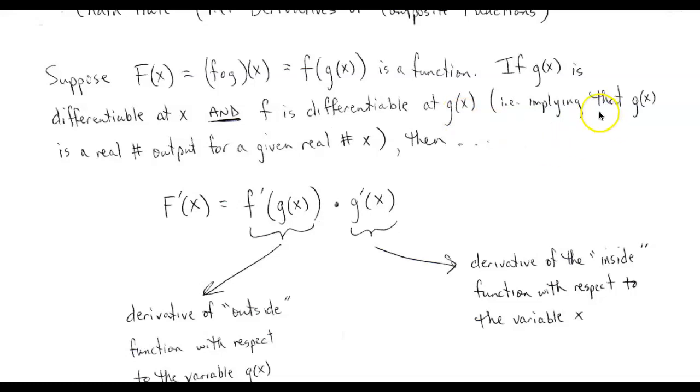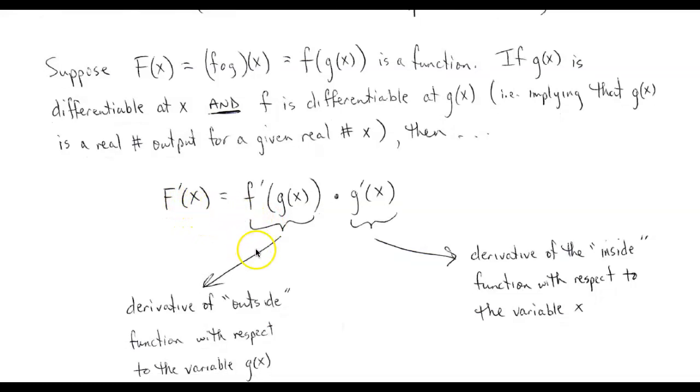Of course, that means we're implying that g of x is a real number output for the given real number input x. Then we say that the derivative of this composition function is found by taking the derivative of the outside function with respect to the inside function times the derivative of the inside function with respect to x.